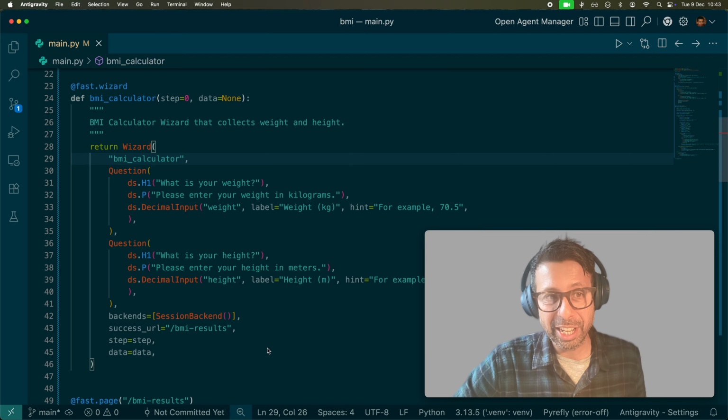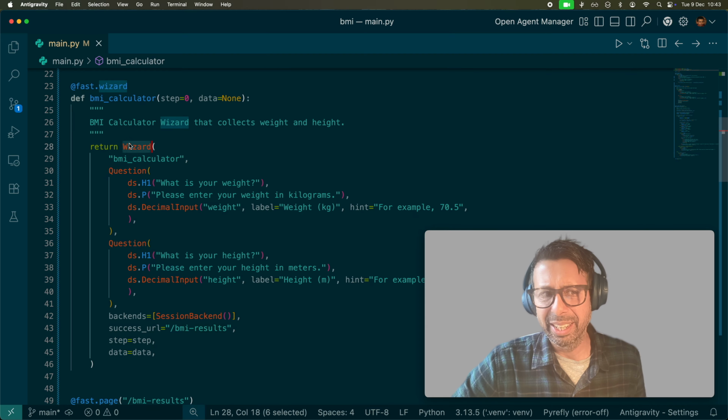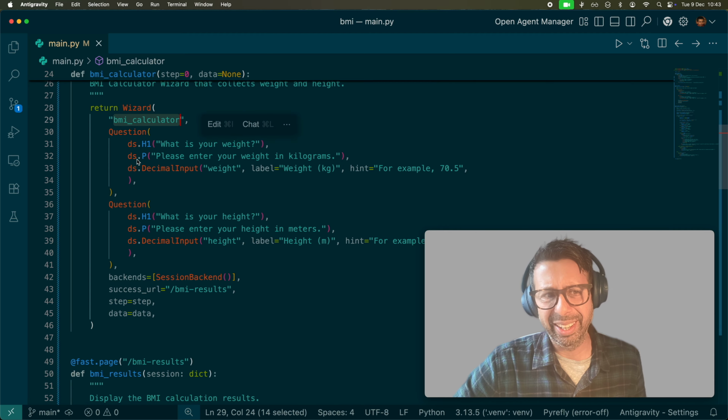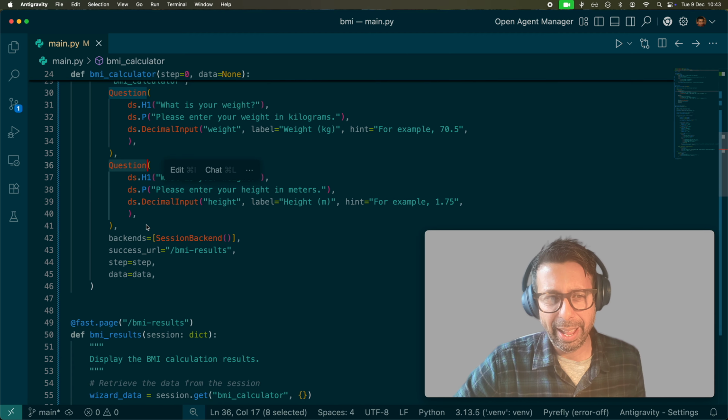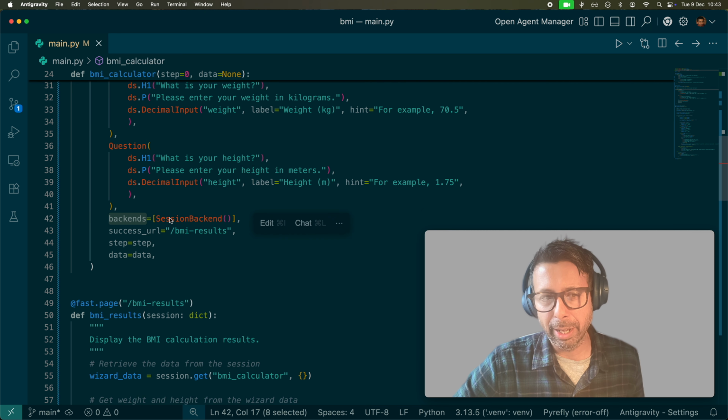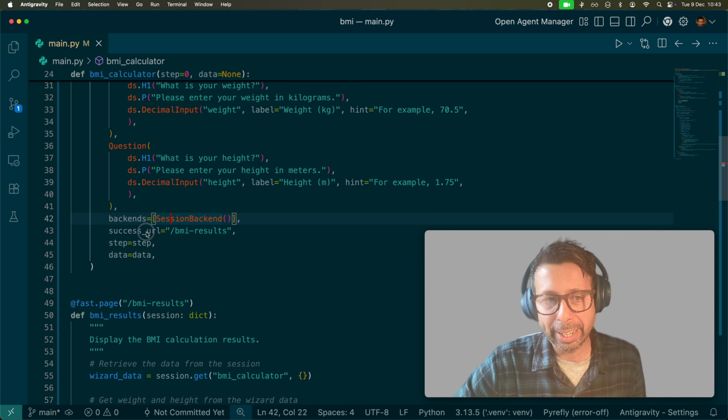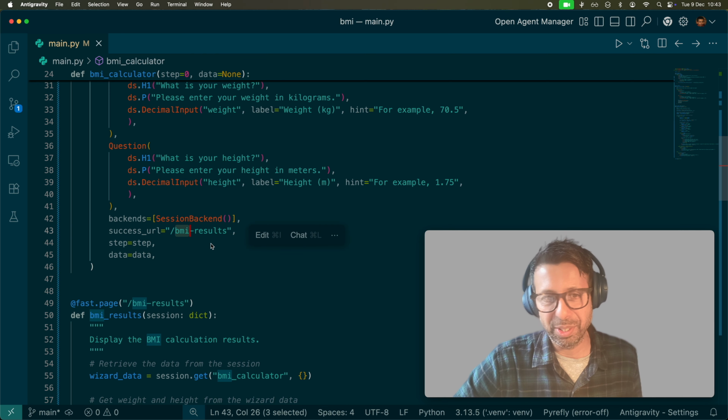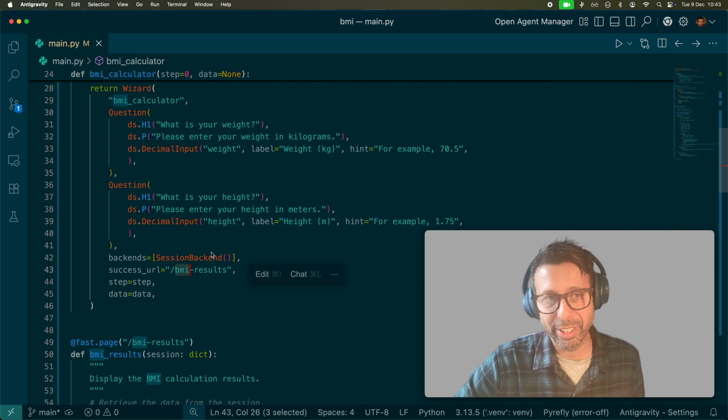And what that does is, as a developer, you can pop in and say, I want to build a wizard. It's called BMI, and here is the series of questions it should ask. And at the end of it, if everything is valid, I would like you to please chuck the data in a session and redirect to this URL. Right? It is literally that.